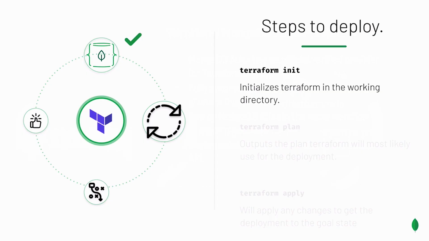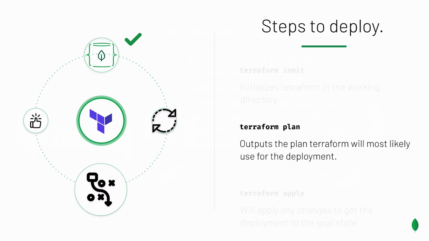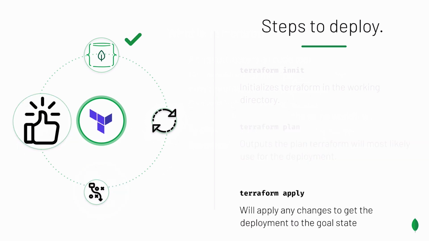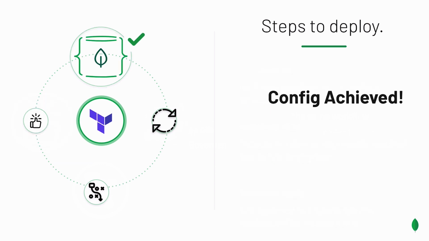So firstly, we're going to initialize Terraform in the working directory using Terraform init. Then we're going to use Terraform plan to output the plan. And then we're going to Terraform apply to apply changes. And all going well, we will reach config achieved, where all of our configuration is deployed in real life, and we can go and check it out then in the Atlas UI to make sure everything's as it should be.